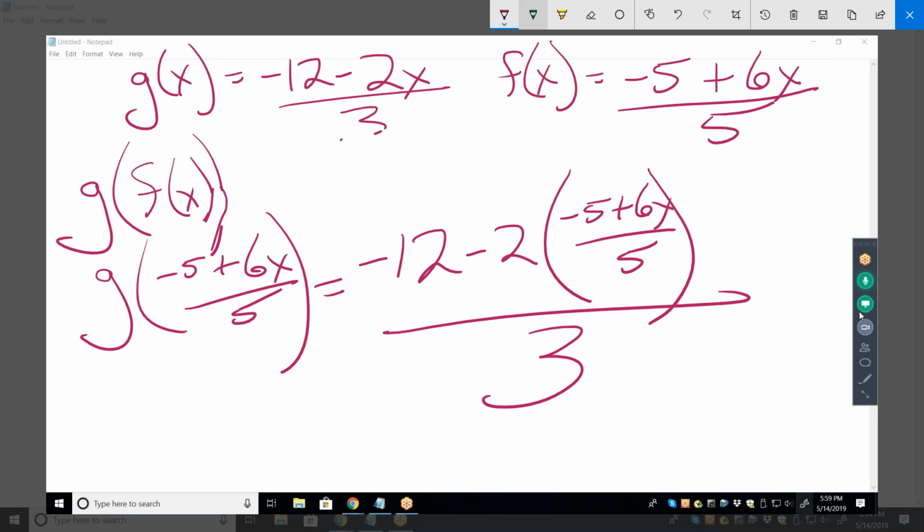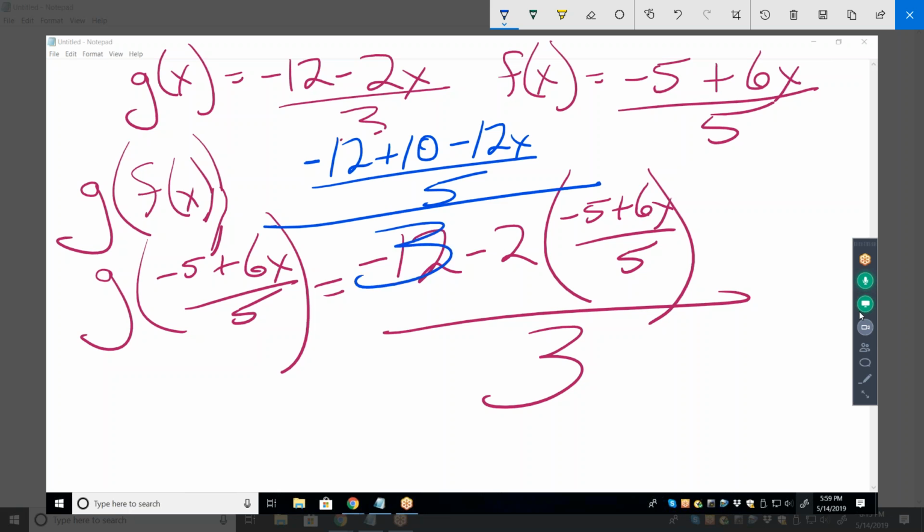All right, if I simplify that, do I get x? I bet I do. So here's what we have. Minus 12 plus 10 minus 12x all over 5. That's the numerator. The denominator is divided by 3.